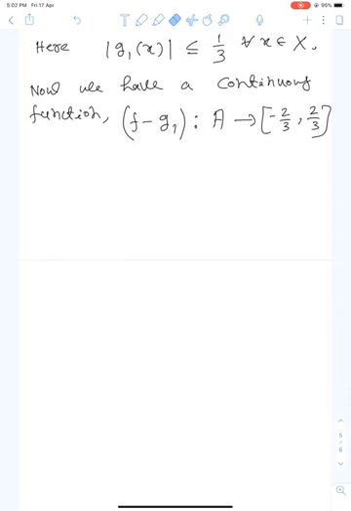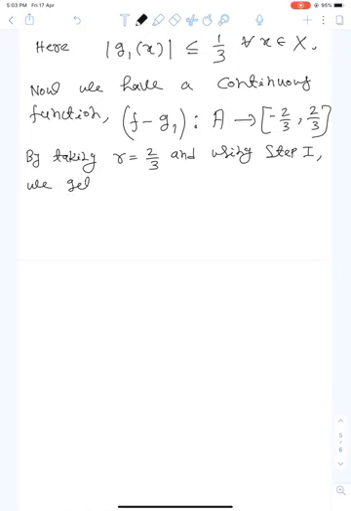So by taking r equal to 2/3 and using step 1, we get a continuous function g2 from X to where? So X2, we know, is (-r/3, +r/3).